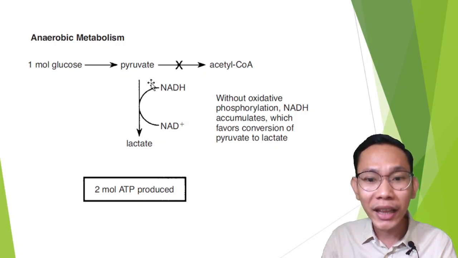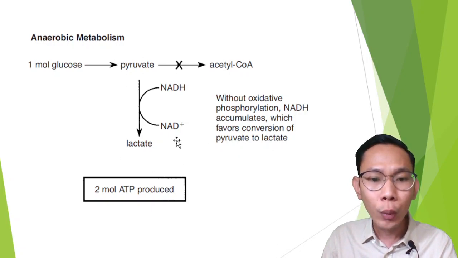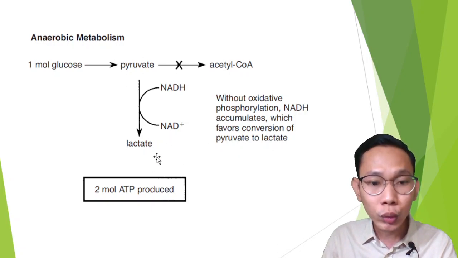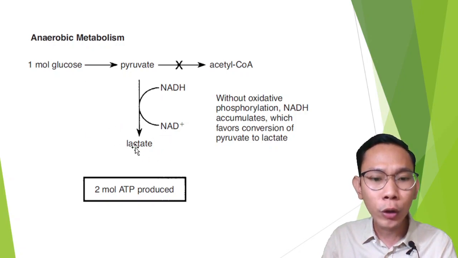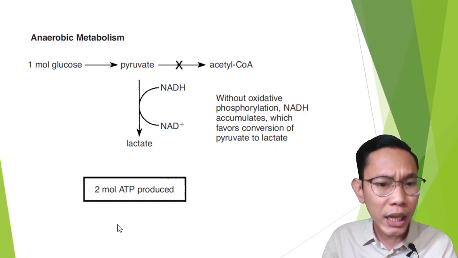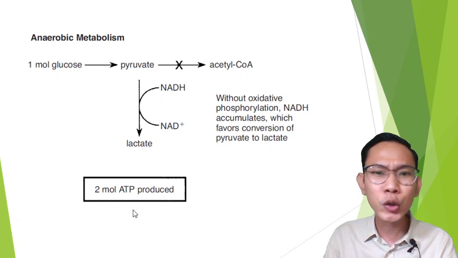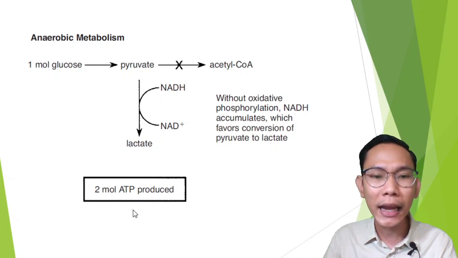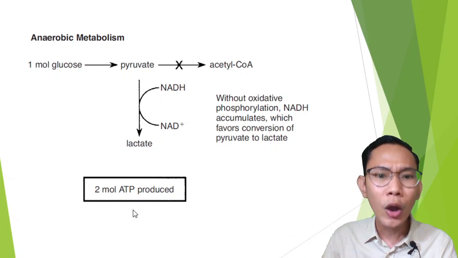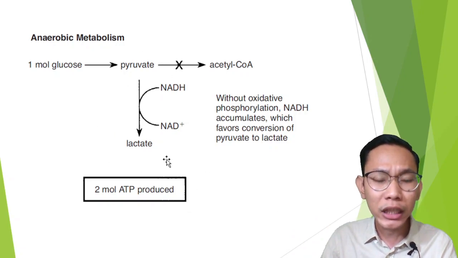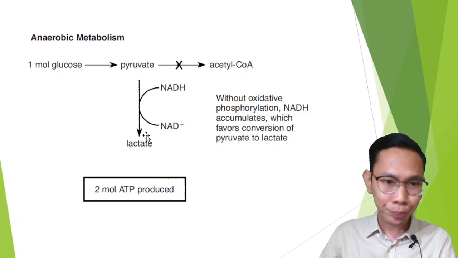Pag madami ang NADH, it will favor the conversion of your pyruvate to lactate. So your pyruvate will now be converted into lactate. And this will cause a formation of only 2 moles of ATP. So, sobrang mababang ATP lang ang na-produce ng ating katawan. So, in short, pag nagkakaroon tayo ng anaerobic metabolism and for us to generate a lot of energy, we have to convert more pyruvate into lactate. Kaya nagkakaroon tayo ng lactic acidosis.